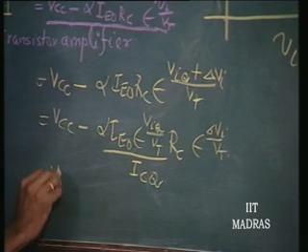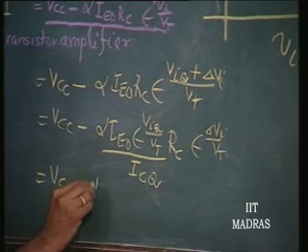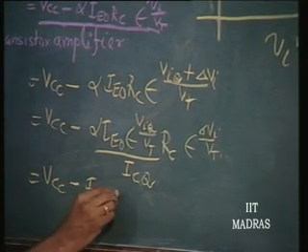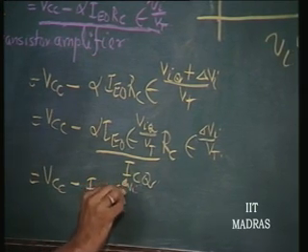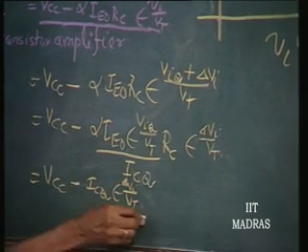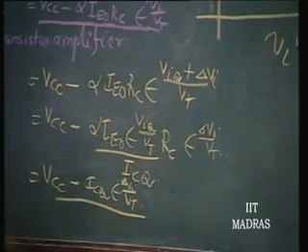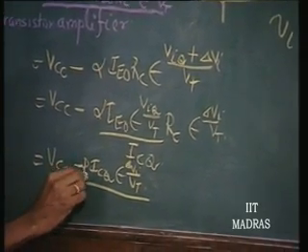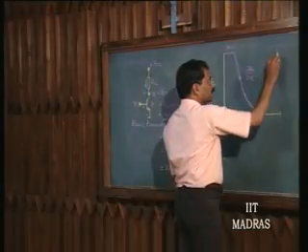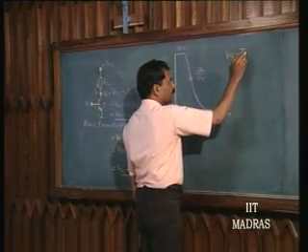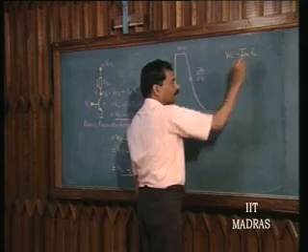This is therefore VCC minus ICQ into exponent delta Vi by Vt into RC. So, we see here that this is VCC minus ICQ RC.